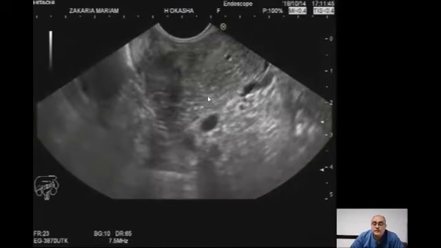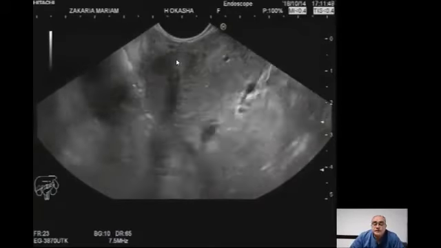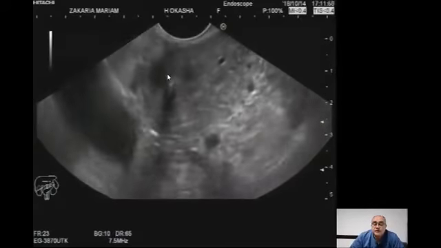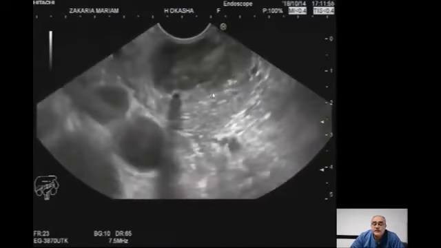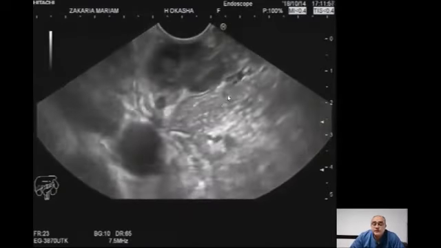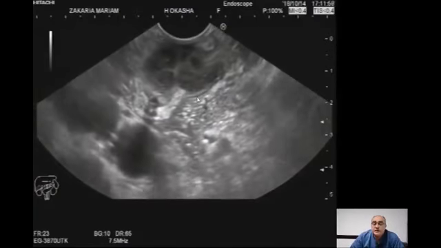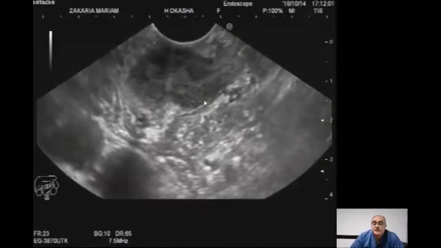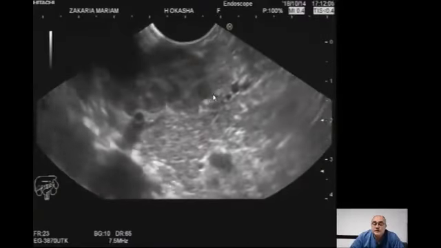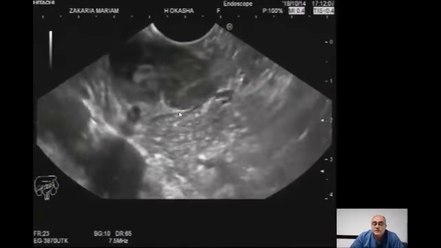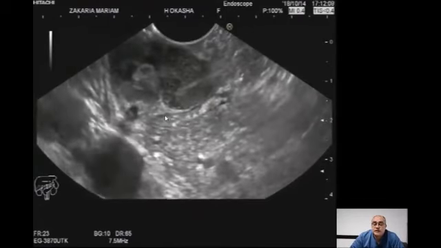as previously mentioned, that it is a large GIST at the papilla, and this is the plastic stent inside, and this is part of the head of the pancreas, and this is the muscularis propria here, very nicely seen. So the muscularis propria is well respected. So the patient underwent a localized resection.